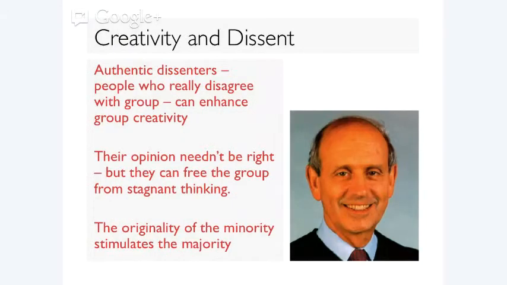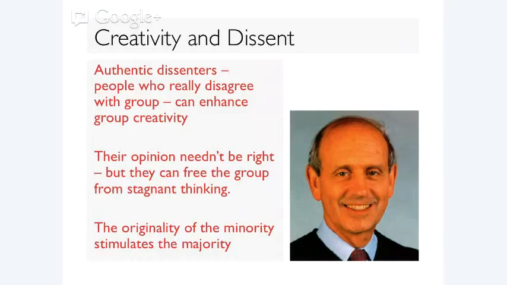So if we want to look at role models for creativity, you can look at dissenters. Dissenters who really disagree with the group can be difficult for the group because it's not as comfortable as if everyone just sits around and nods their head, but it really can enhance the creativity of your group as a whole. And they don't even have to be right.